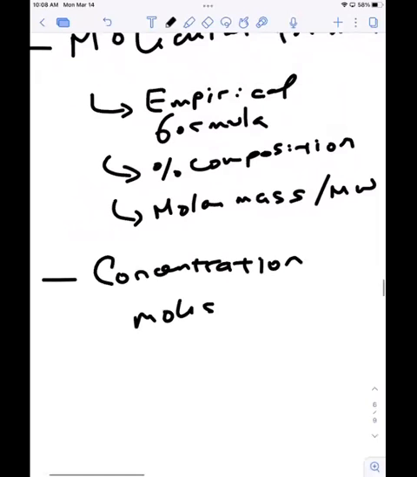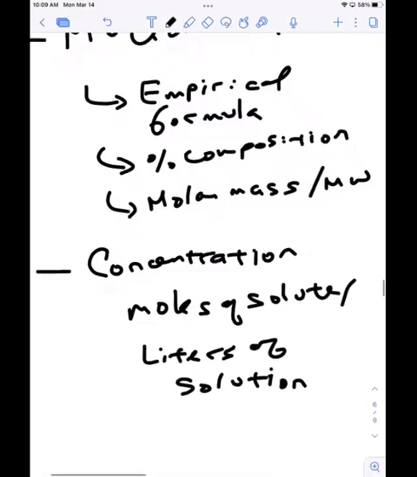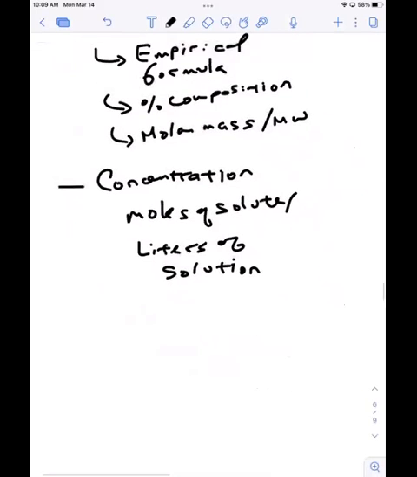which is moles of solute over liters of solution. And we did a bunch of different manipulations with this as well, right? We figured out how to go from moles to grams of solute, and then we've also figured out how to go from grams to moles, and then figure out the concentration based on that if we're given a volume.